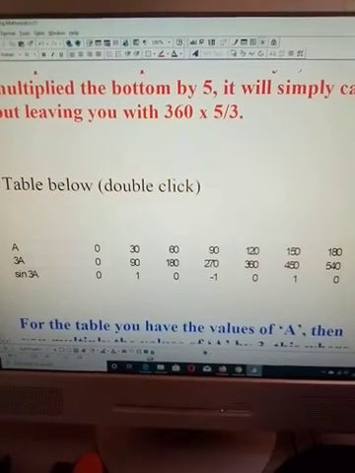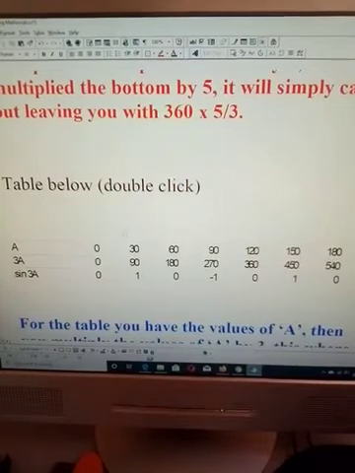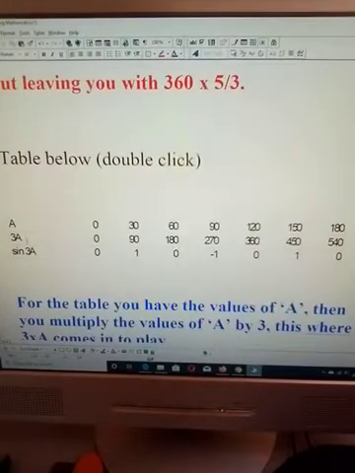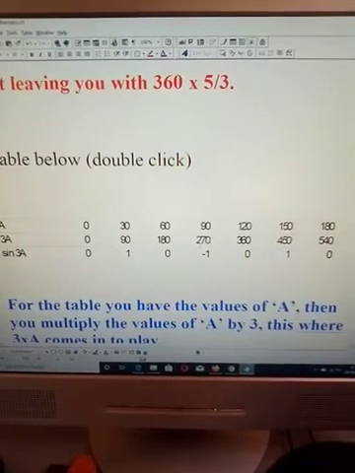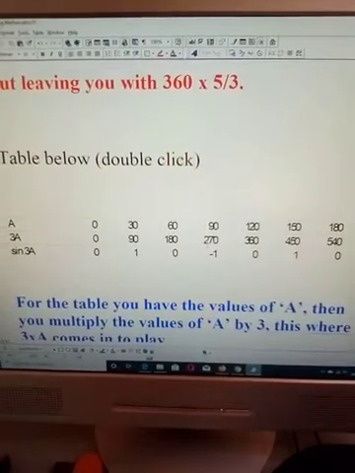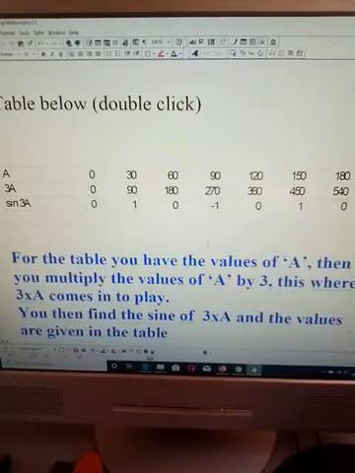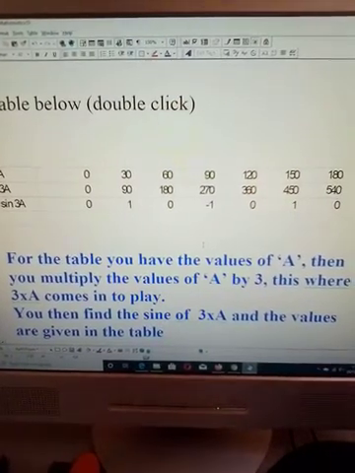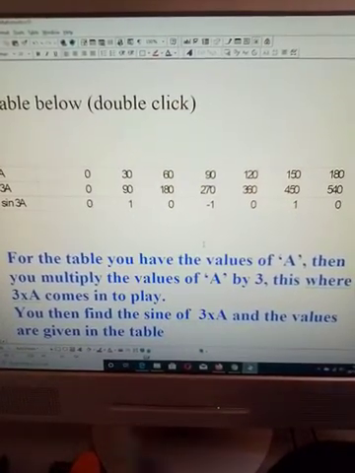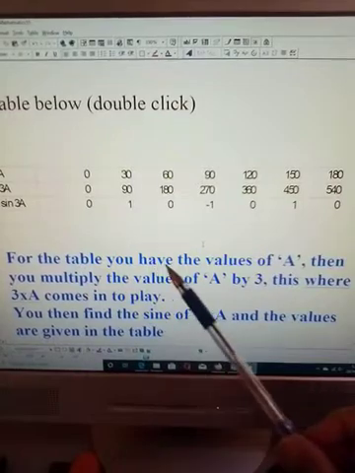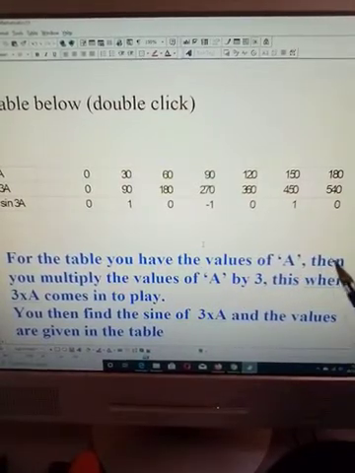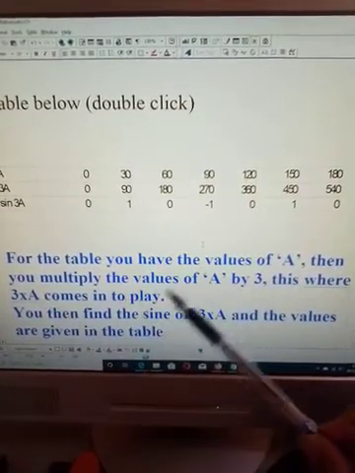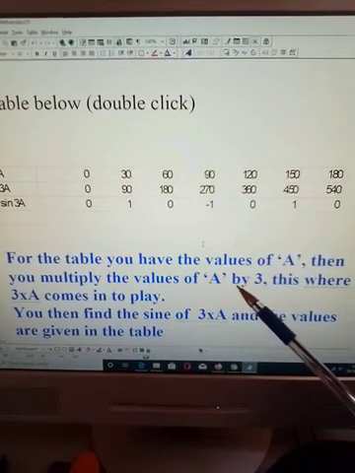Now here I've simply shown you how a table can be produced for A, 3 times A, and the sine of 3A. And that's my table there for yourselves. Now again here, for the table you have the values of A, then you multiply the values of A by 3.